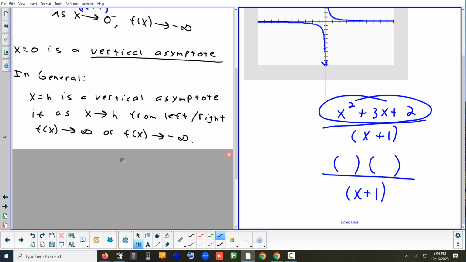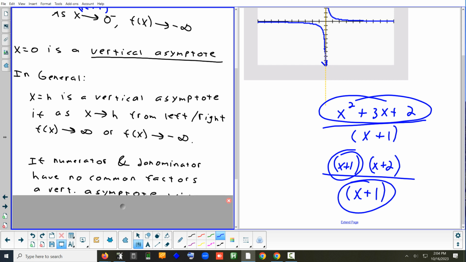X plus 1, x plus 2. Here is the reason why you got a hole in the graph. Because when you factor the top, it has something that's also in the bottom. That's what causes a hole.